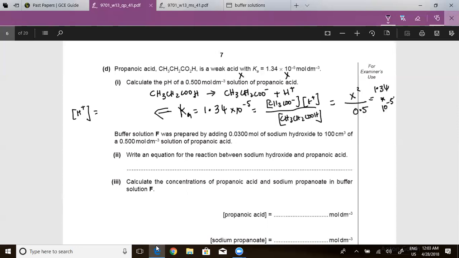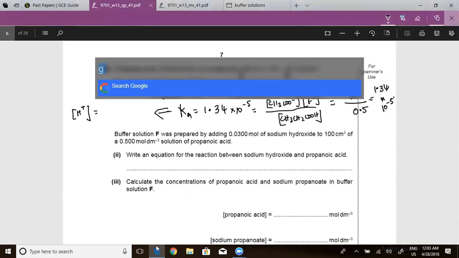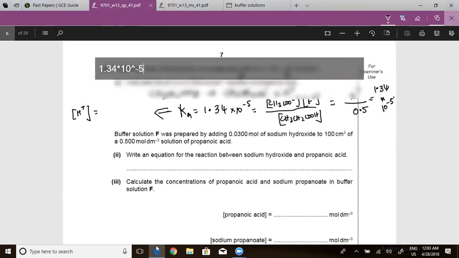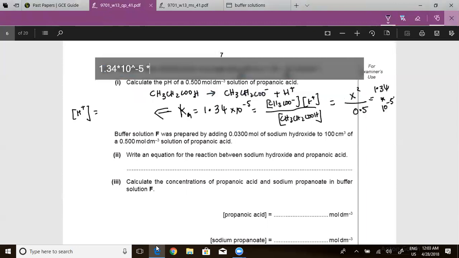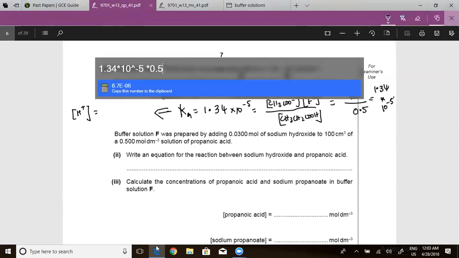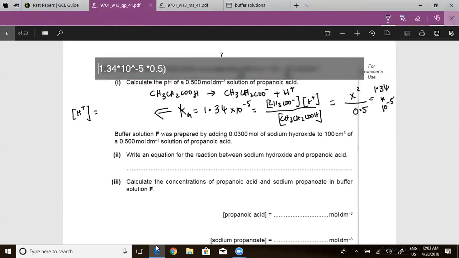What concentration of H plus is coming? 1.34 times 10 to the minus 5 multiplied by 0.5, then you have to root it. I think 2.6 into 10 to the power minus 3.